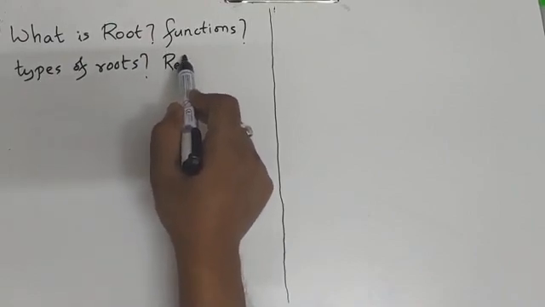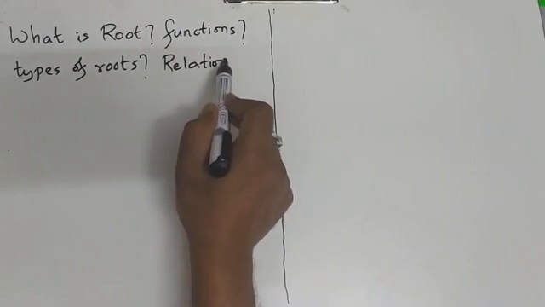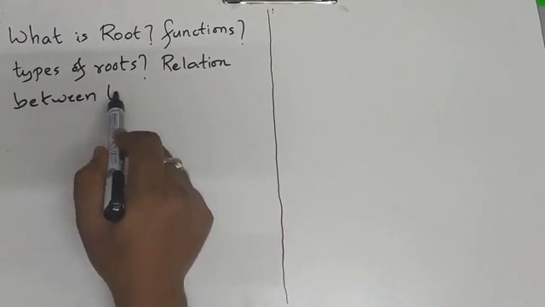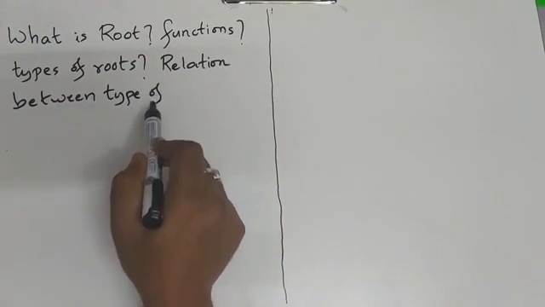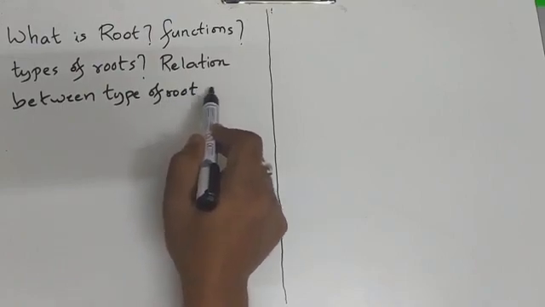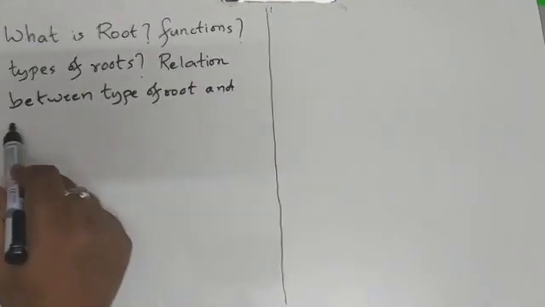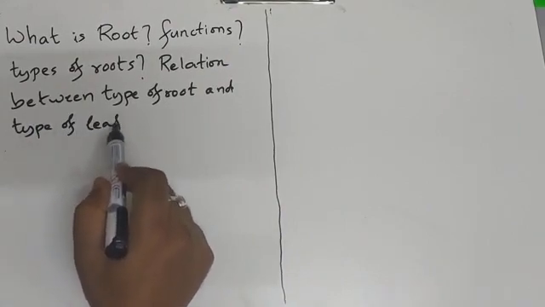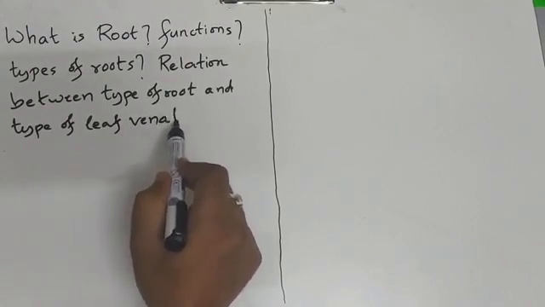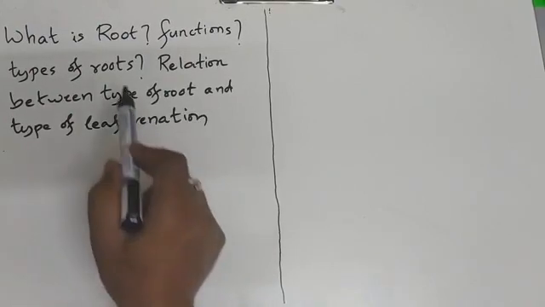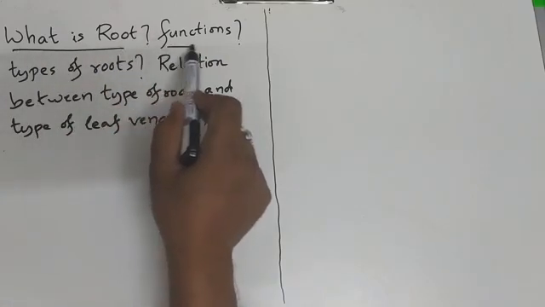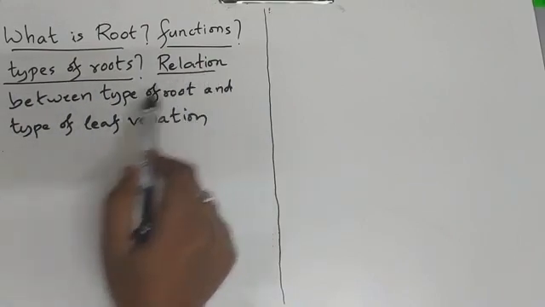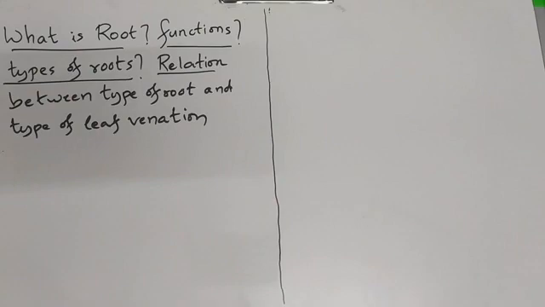Relation between type of root and type of leaf venation. Right? So, what is root? This is one point. Functions of the roots. Second point, types of roots. Third point, relation. So, totally 4 things we are going to learn about the roots.